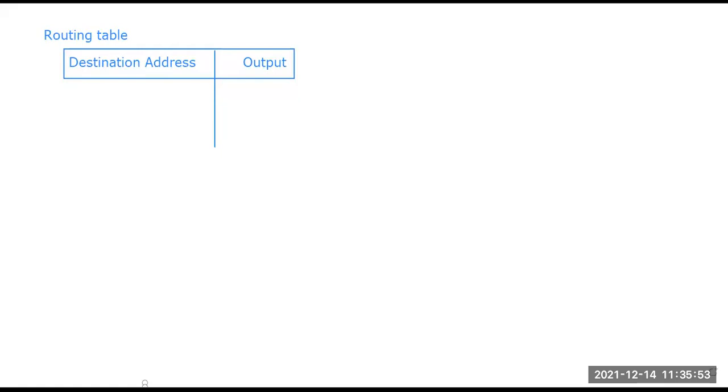This output port is the port through which it is connected to the path toward that particular destination address. That is helping out the output port for the corresponding data of these destination addresses. So these are the two parameters present in our routing table, right?